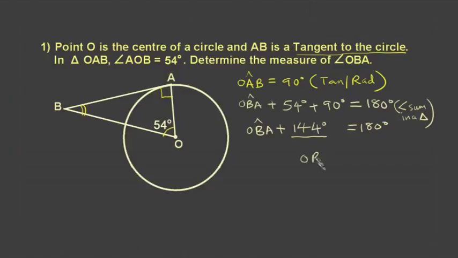Then we're going to have OBA is equal to 180 degrees minus 144 degrees, which is going to be equal to, we just subtract there, we get 36 degrees. So the measure of angle OBA will be 36 degrees. Let's look at another problem.